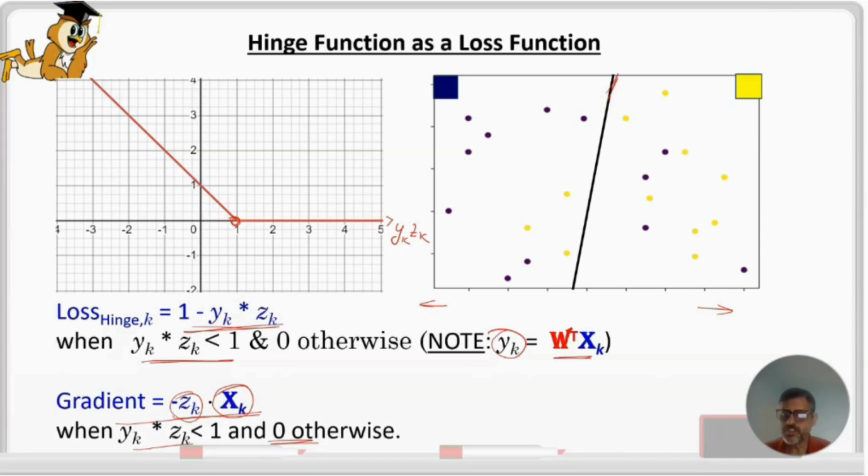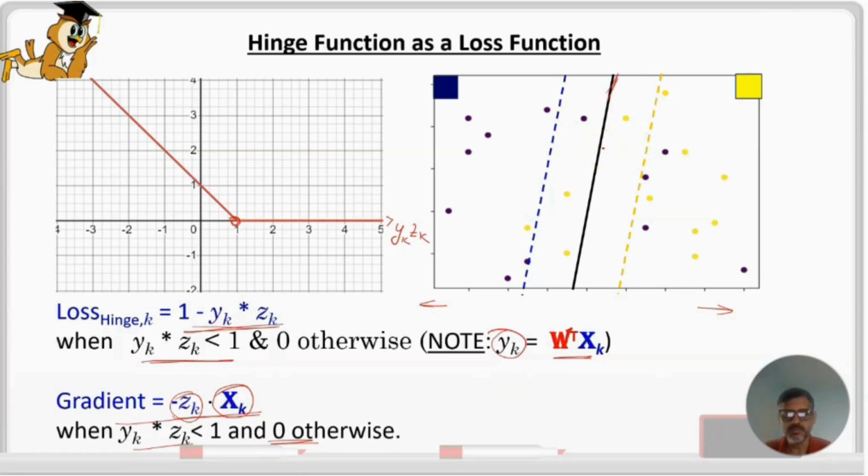What the hinge function is really asking you to do is draw two parallel hyperplanes, lines in the case of 2 dimensions, two parallel hyperplanes to your decision boundary.